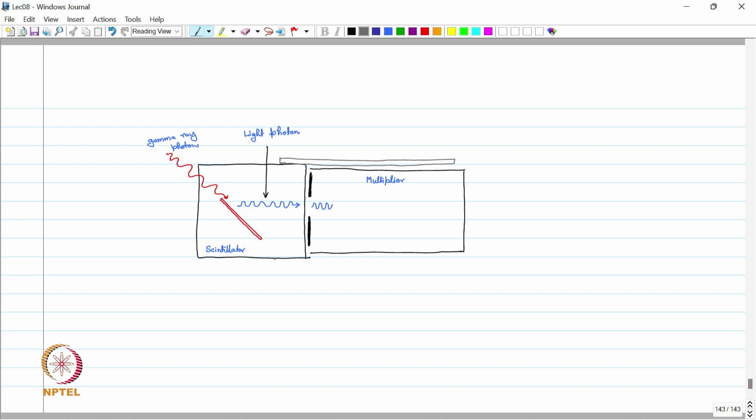Generally you have a magnetic shield across it. This is the magnetic shield.